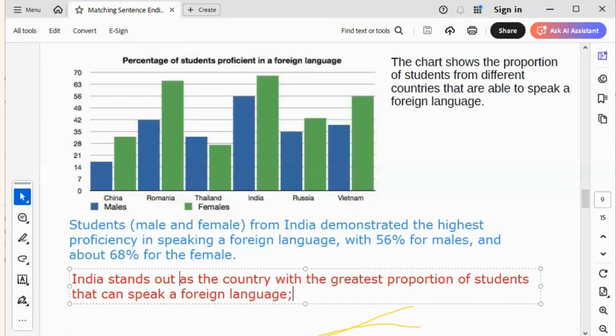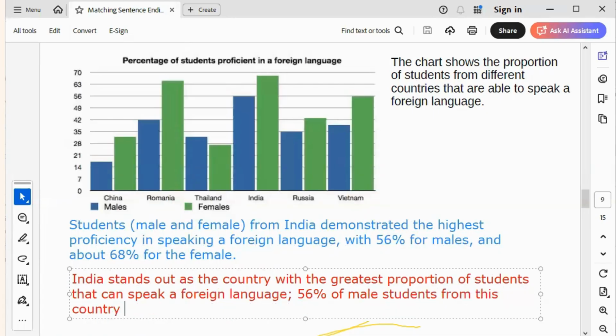I will now put a semicolon here. 56% of male students from this country are proficient. Are what? Okay, are proficient.